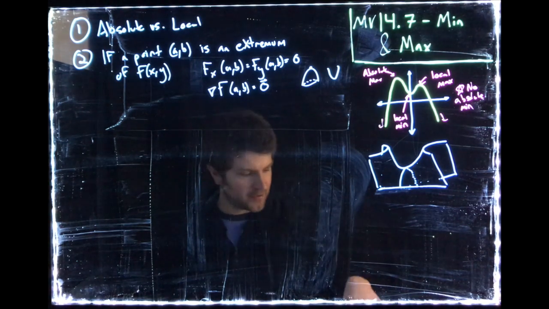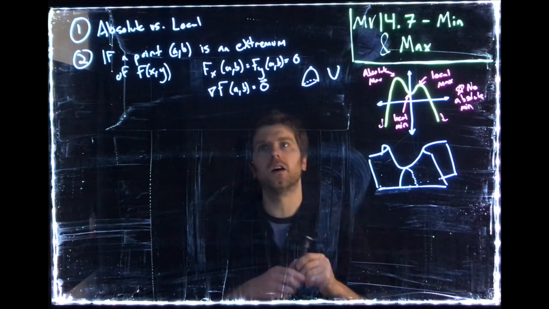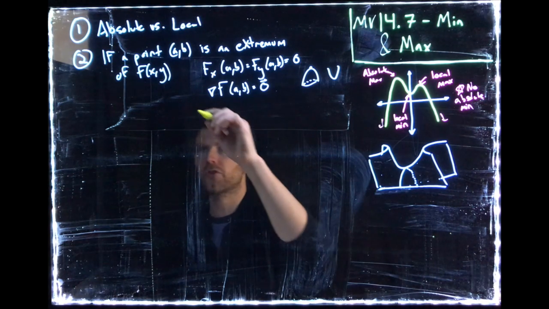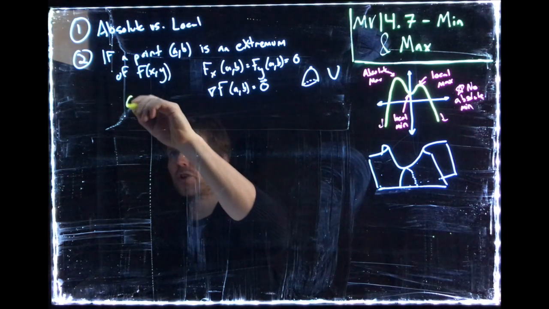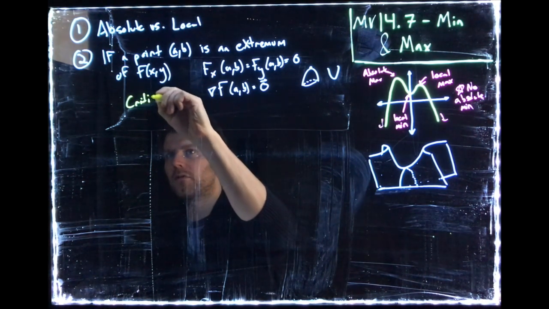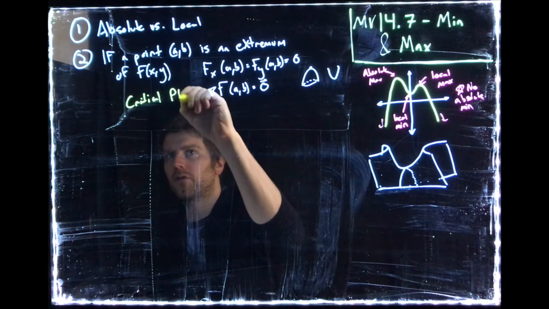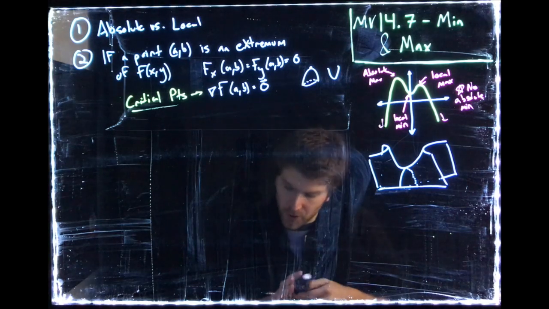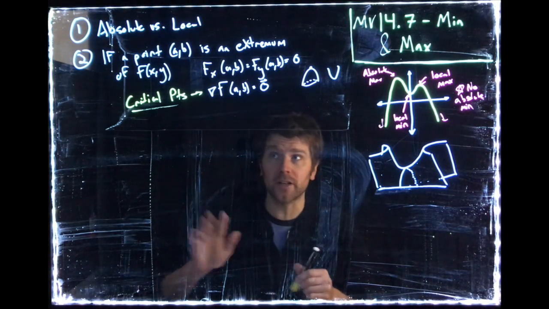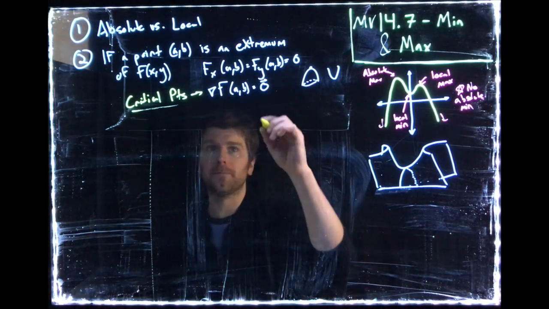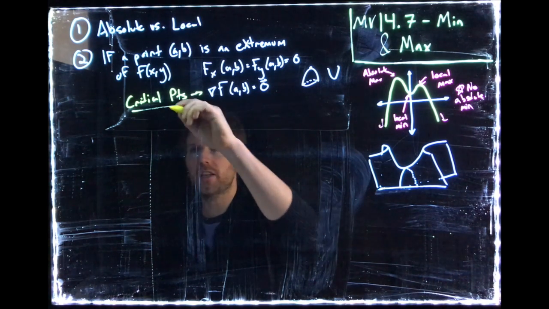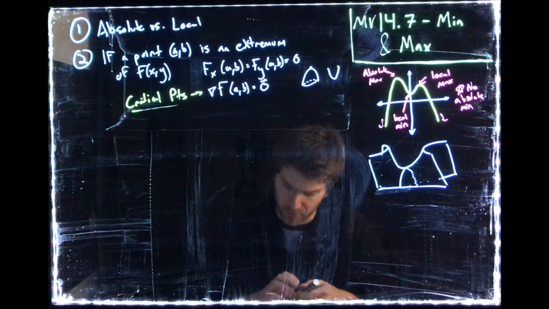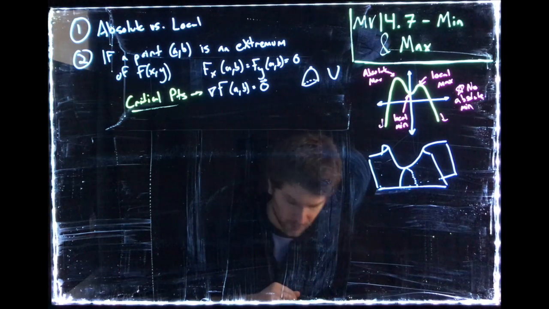Points like this, where the gradient is 0, have a special name. These are called critical points. It's worth noting, not every critical point is a max or a min. So the question is, how can we tell whether a critical point is a maximum or a minimum?